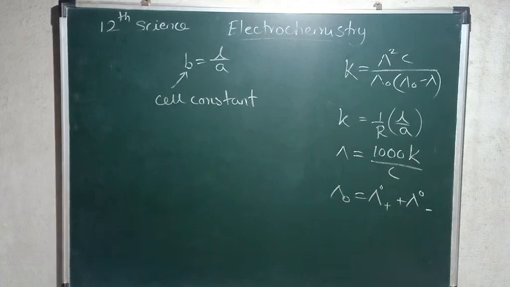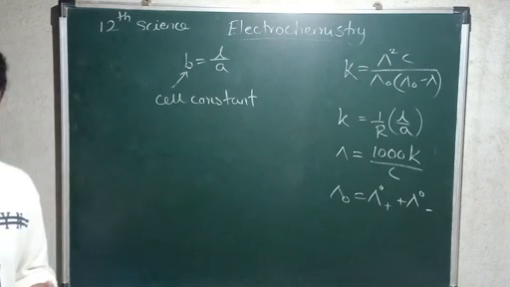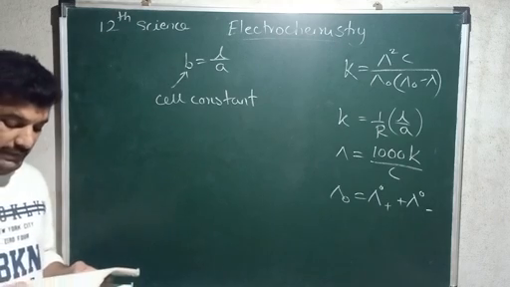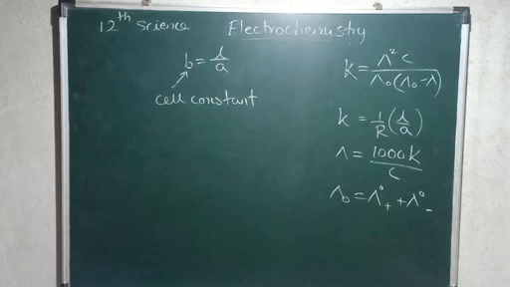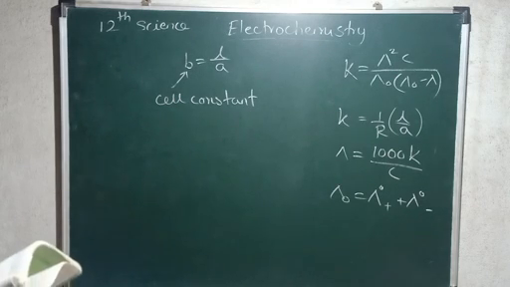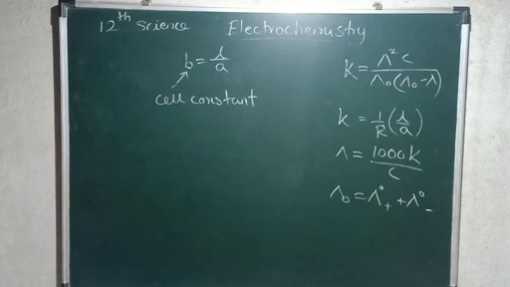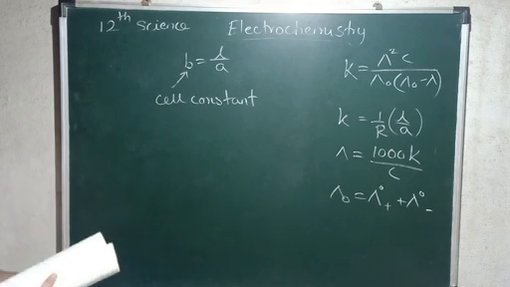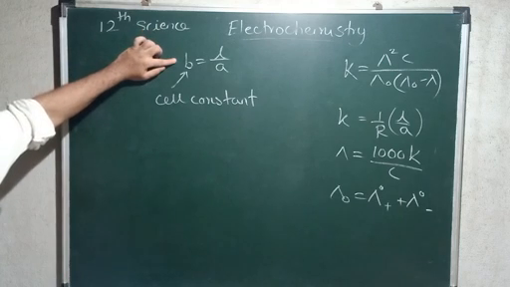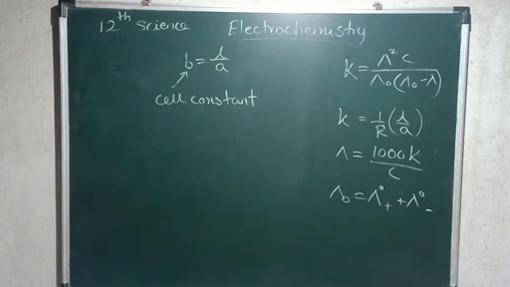The distance between the electrodes of a conductivity cell is 0.98 centimeter, and the area of cross section of the electrode is 1.3 centimeter square. Calculate the cell constant for the cell. That means we have to find the value of B. L and A values are given to us.